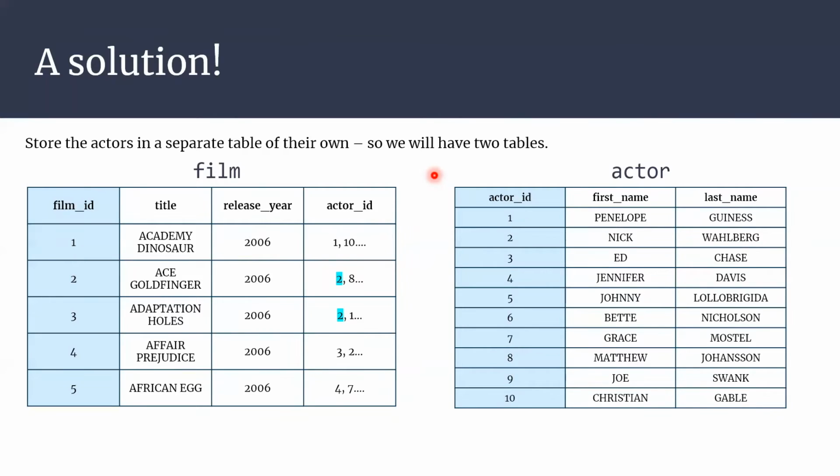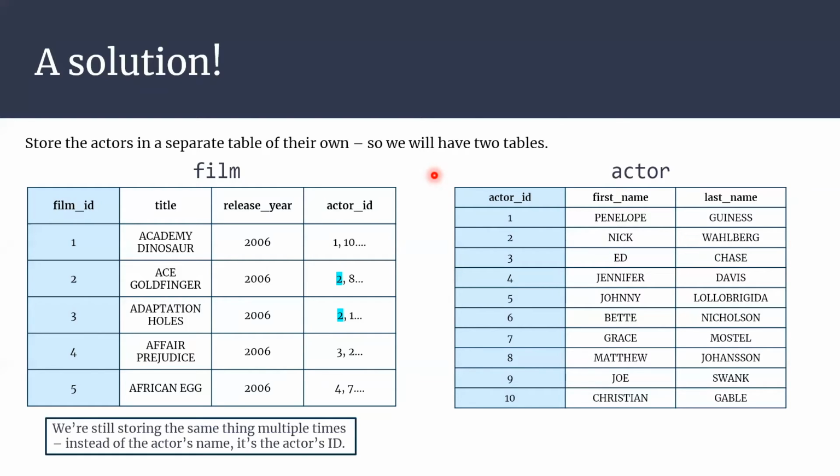Okay, so this was a solution that we came up with to make our storage more efficient. Is this actually efficient? The answer is no, because again, we're storing the same thing multiple times. Instead of the actor's name, it's just the actor ID now. So this actor with the actor ID number 2 is appearing multiple times. Even actor ID number 1 is appearing multiple times.